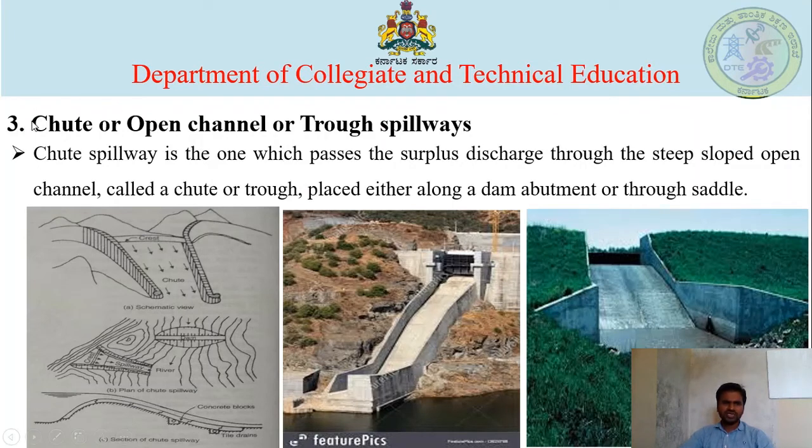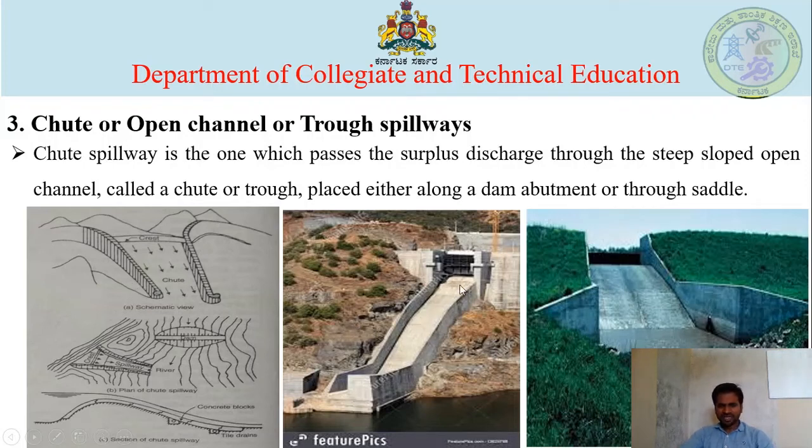Next one is the chute spillway, or open channel spillway, or trough spillway. A chute spillway is one which passes the surface discharge water through a steep slope open channel called a chute or trough, placed either along a dam abutment or through a saddle. This is the typical representation of the chute spillway.